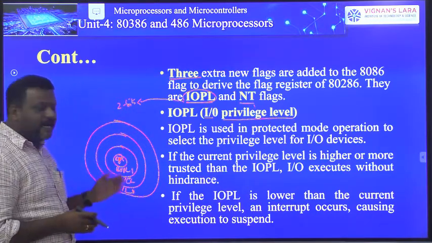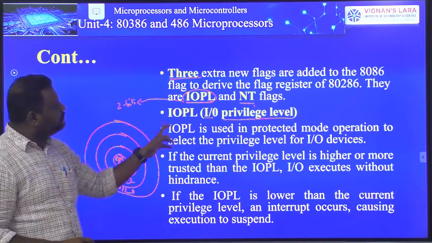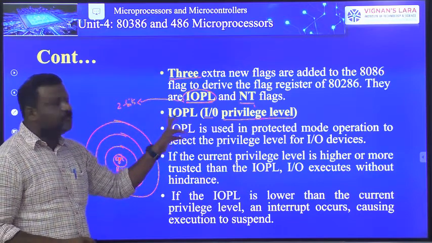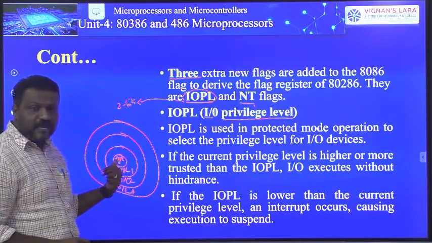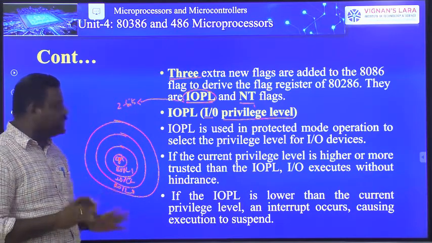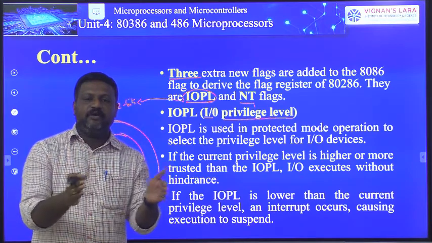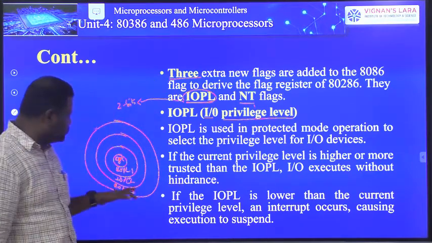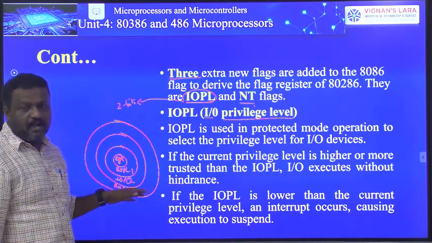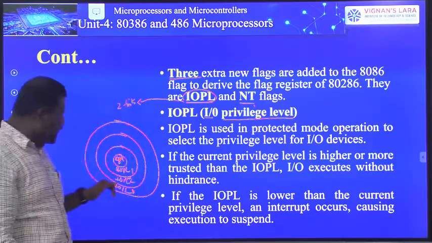In order to identify which privilege level we need for an operation, I do that by programming these IOPL bits. That is, I may choose either IOPL 0, IOPL 1, IOPL 2 or IOPL 3. Generally, IOPL 0 has the highest priority compared to IOPL 3. Or I can say in another way, IOPL 0 is more secure compared to IOPL 3.